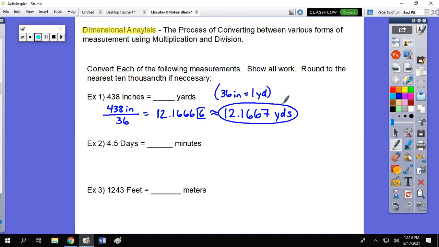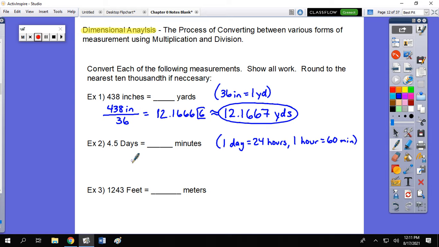Well, we can't do that in one step because we don't have one conversion for how many minutes there are in 1 day. But we can go through an intermediate unit, such as hours. Now, because we are going from days to a smaller unit of measurement, minutes, we are going to multiply. So we're going to use the fact that 1 day is equal to 24 hours, and then the fact that 1 hour is equal to 60 minutes to convert here.